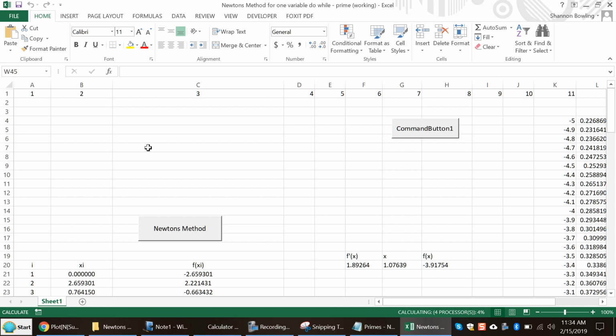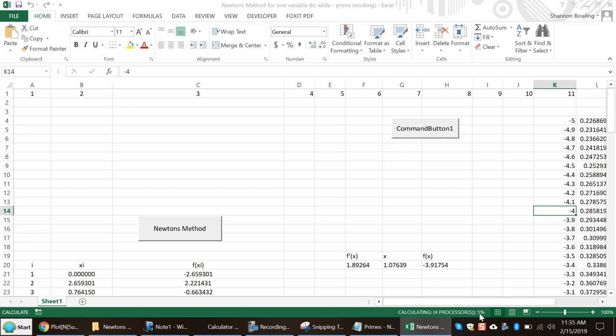All right. Anyway, while that's working, do you understand now the complexity of this? It seems to be pausing. It says calculating for processors, it's at 5%.